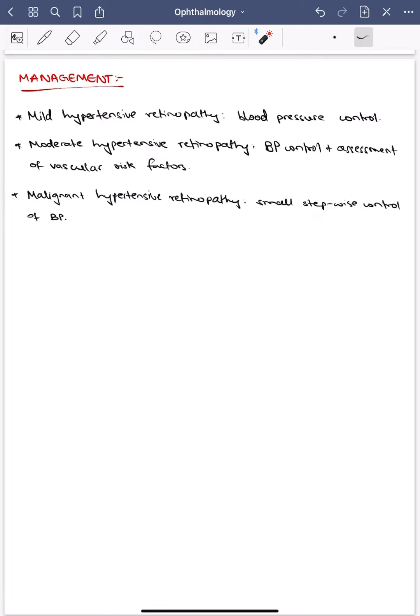We discussed the definition, the four pathogenic factors, that is vasospasm, arteriosclerotic changes, then increased vascular permeability, and the raised intracranial pressure. Then we discussed the clinical features.